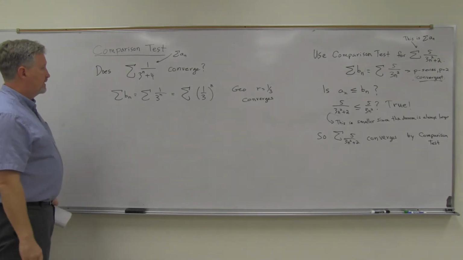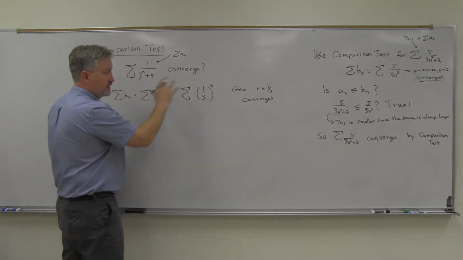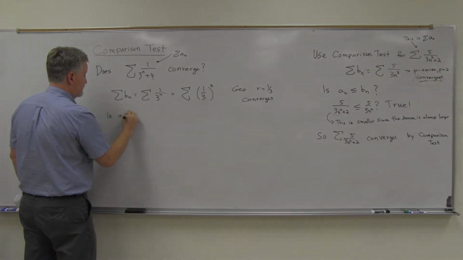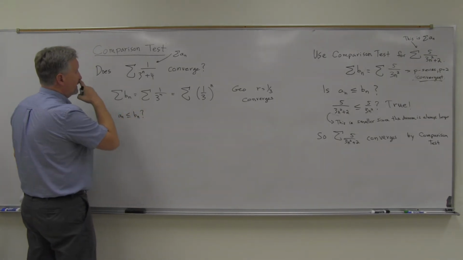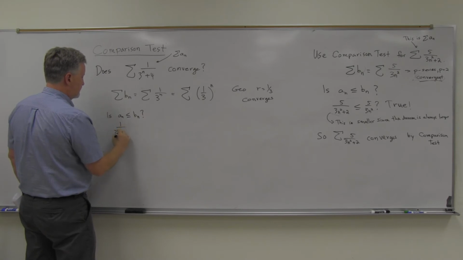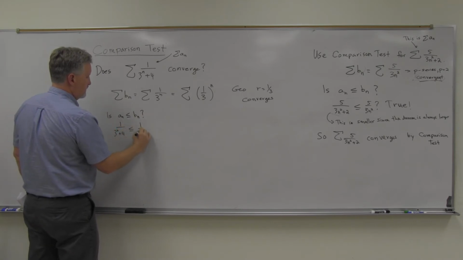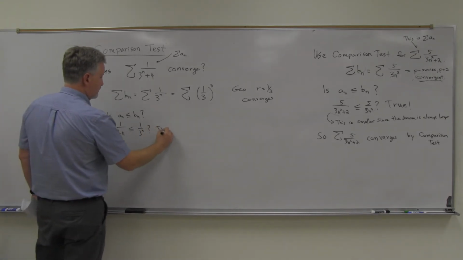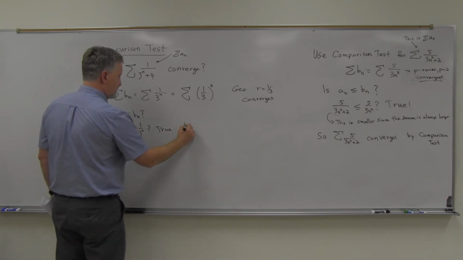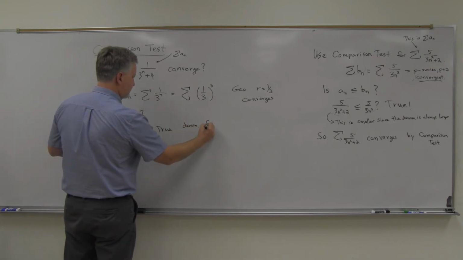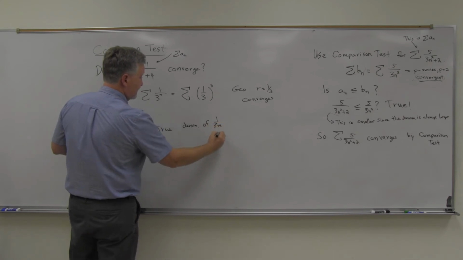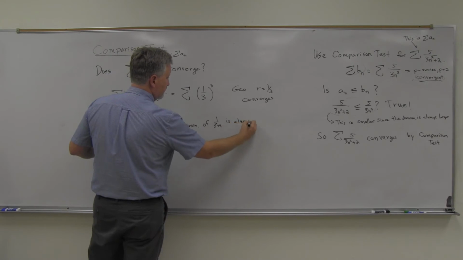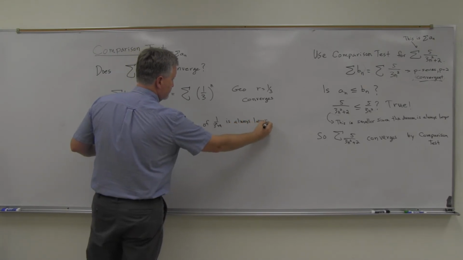Okay. So again, we've got B sub n is convergent. So again, I need to look at, is A sub n less than or equal to B sub n? Well, in this case, we've got 1 over 3 to the n plus 4 less than or equal to 1 over 3 to the n. Again, true, right? The denominator of 1 over 3 to the n plus 4 is always larger for the A sub n.